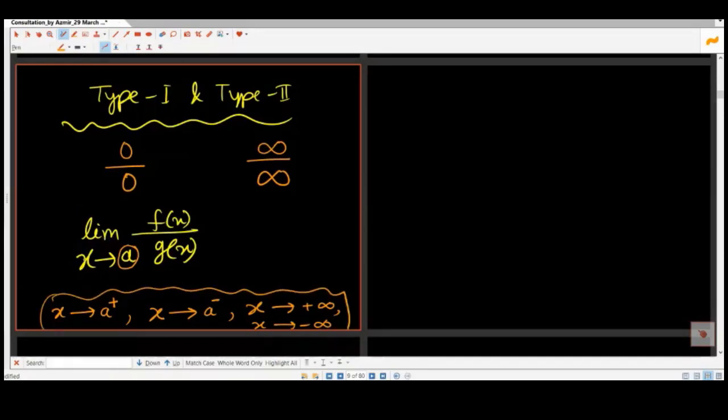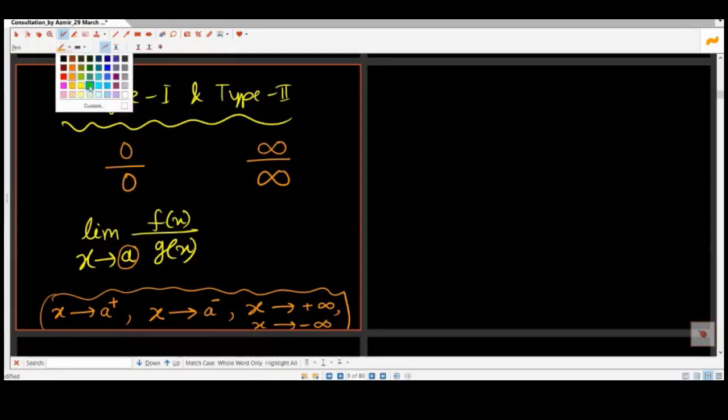So sometimes we may have these cases also. That is, instead of x tends to a, we may have x tends to a plus, x tends to a minus, x tends to plus infinity, or x tends to minus infinity. You will understand if we solve some examples. But remember, these plus or minus signs are just the direction. Plus means we are coming to a from the right. Minus means we are coming to a from the left.